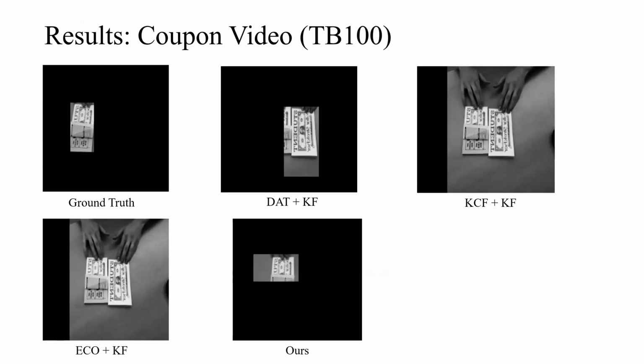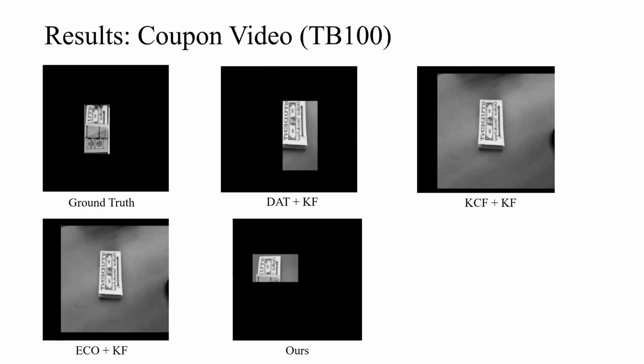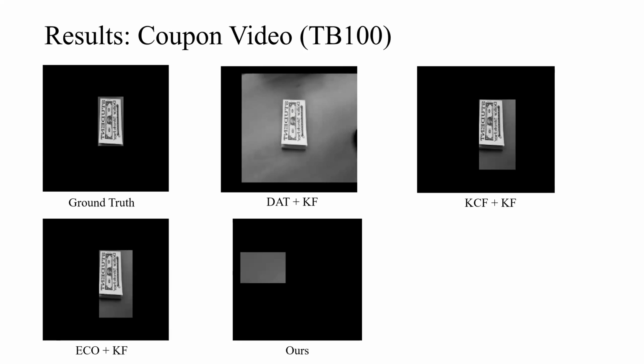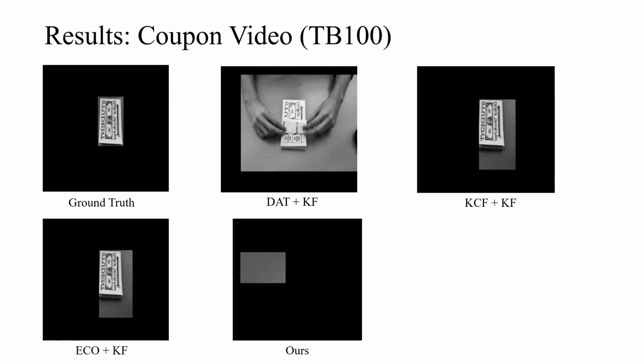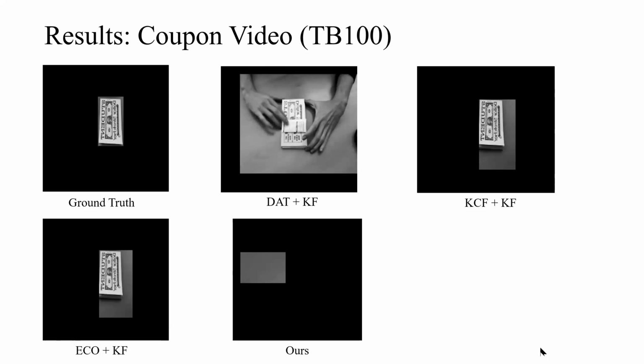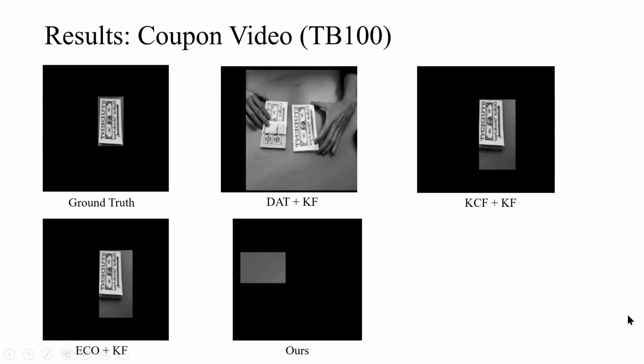As you can see, the other baselines are unable to keep track of the coupon and actually take larger bounding boxes than necessary. So not only does it deteriorate the tracking accuracy, it is also not able to get good energy savings.